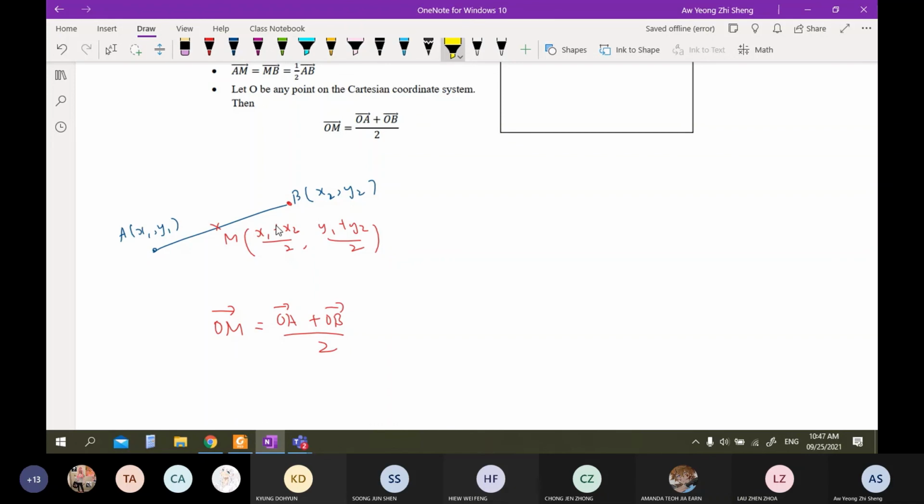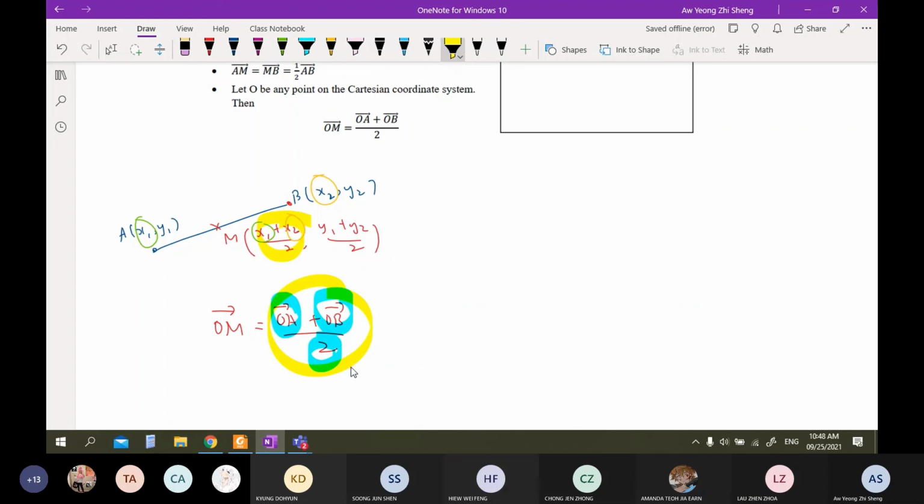In the coordinate form, you have x1 plus x2 over 2. x1 comes from the point A, while x2 comes from the point B. Here it is a similar thing. You have the position vector of A, the position vector of B, divided by 2. So if you compare, it is of a similar form.